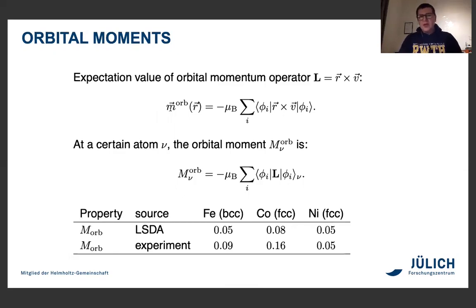Of course, you can not only have intrinsic magnetic moments caused by the spin of the electrons, but you can also have orbital moments which are caused by the orbital momentum of the electrons themselves. So including this orbital momentum, which is basically an expectation value of the orbital momentum operator, you can see that those moments are typically pretty small.